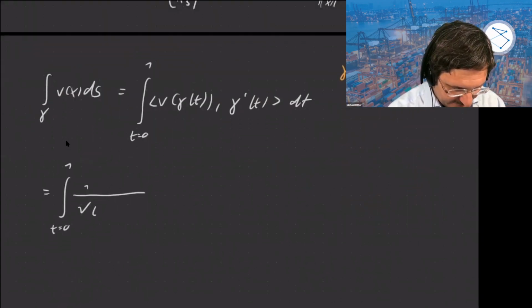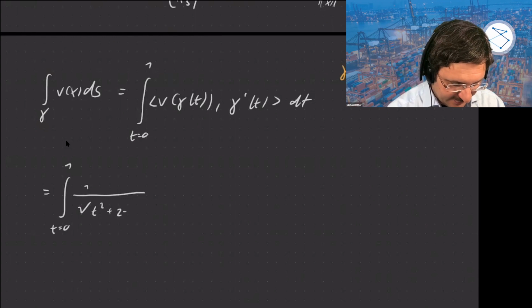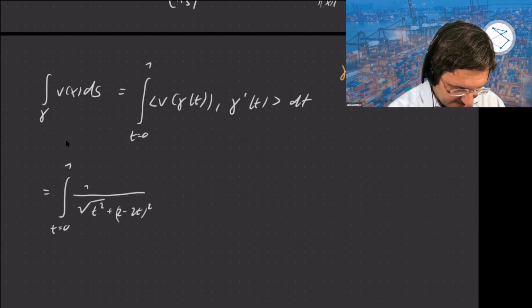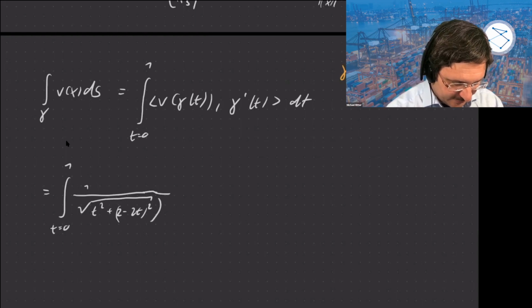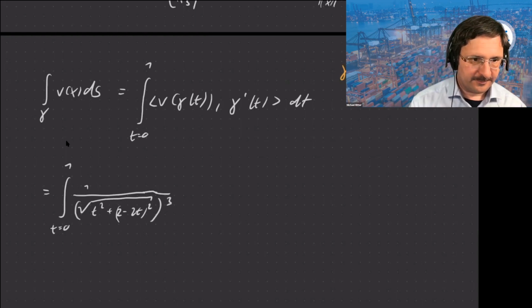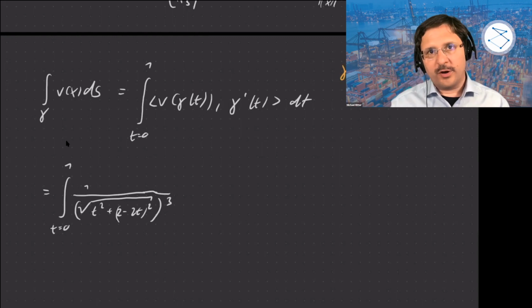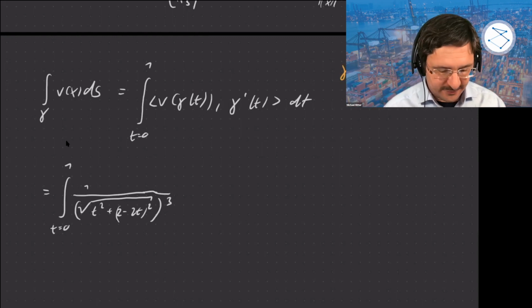So we get t squared plus (2 minus 2t) squared, and then we have to take this to the 3rd.